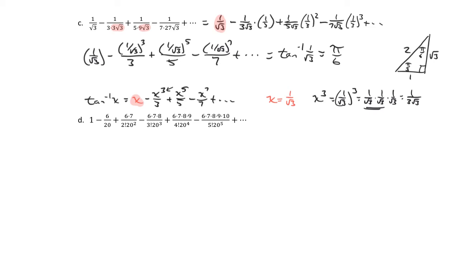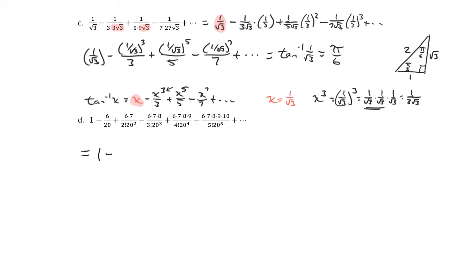It's pretty interesting. For our final example, we have a monstrosity. Look at this thing. Oh, okay, so I'm not a big fan of this. It looks pretty awful. I'm looking for my powers, and I see powers of 20, don't I? I've got 20 and 20 squared and 20 cubed and 20 to the 4th and to the 5th. But those are in the denominator, so it's really 1/20th, 1/20th squared. So let's go ahead and pull those out.